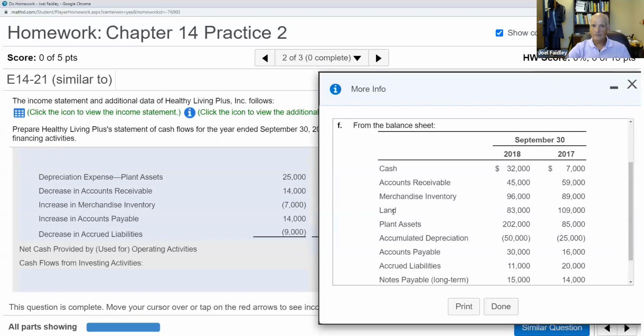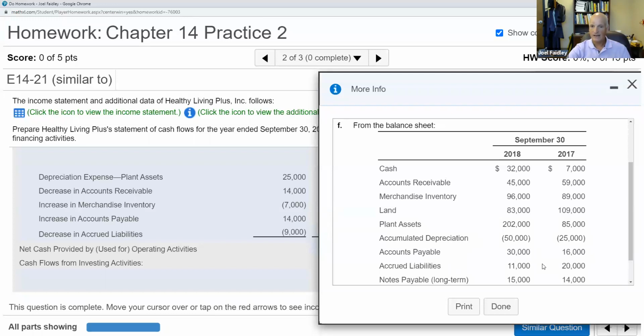And then we skip land assets. We skip that because that's going to be in the investing section. And accounts payable went up 14,000. So if accounts payable went up 14, that means that's a plus. We're not paying our bills, are we? We're holding cash. And accrued liabilities, which is the same thing there. You're comparing it just like accounts payable.